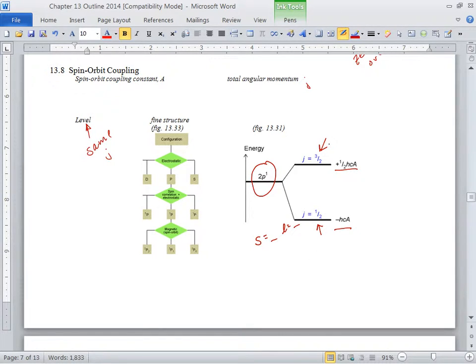So for little s, they probably used a half. And for little L, since we're talking about 2p1, what does little L have to be? 1. Let's review that. L could go 0, 1, 2, 3, on up.